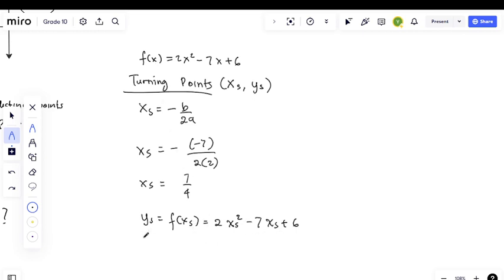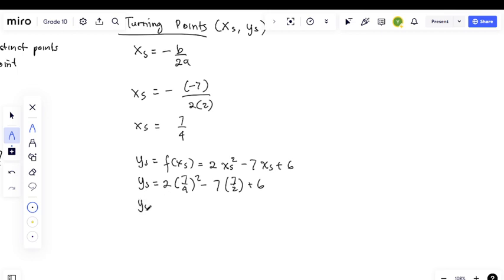Okay, so ys itu adalah 2 times 7 over 4 squared, minus 7 times 7 over 4, plus 6. So ys is 49 over 8 minus 49 over 4 plus 6.